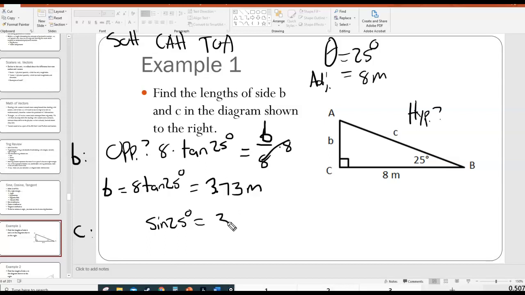The opposite side I just found is 3.73, divided by the hypotenuse, which is c. Now if I want to get c by itself, I have to do a little bit of rearranging, but it's not that bad. I would multiply both sides by c to get that on the top, and then I would divide both sides by sine of 25 degrees.